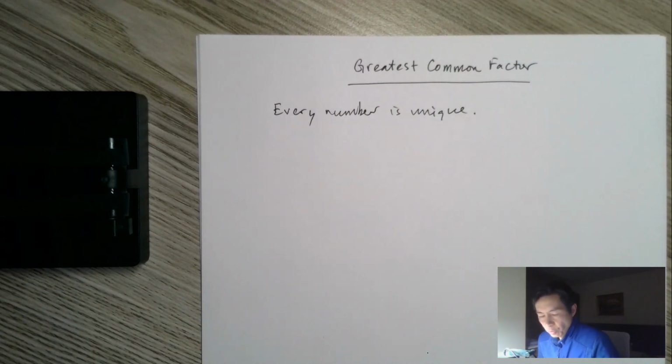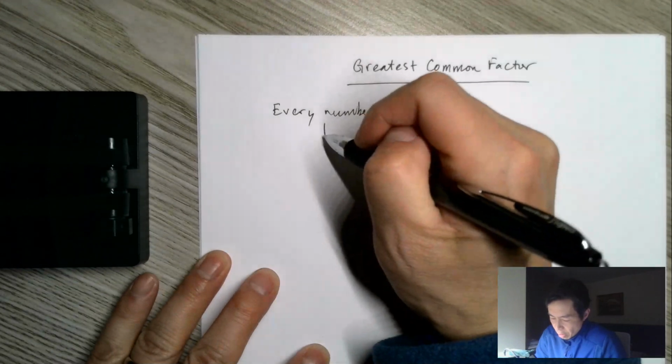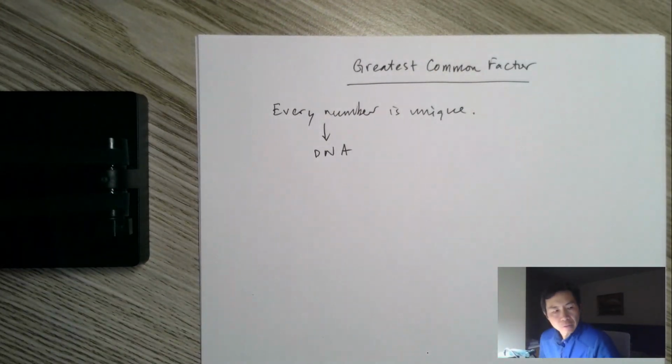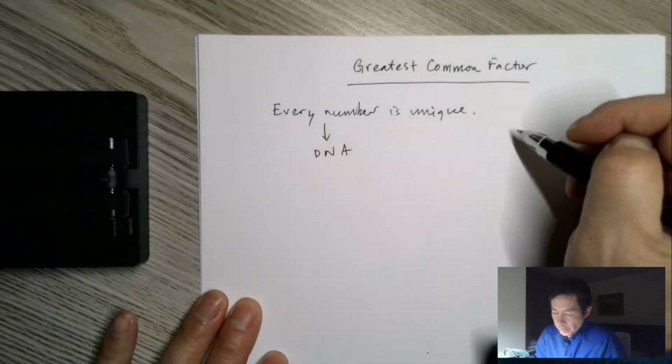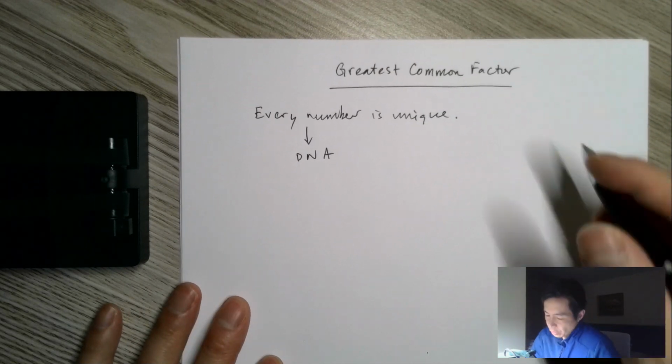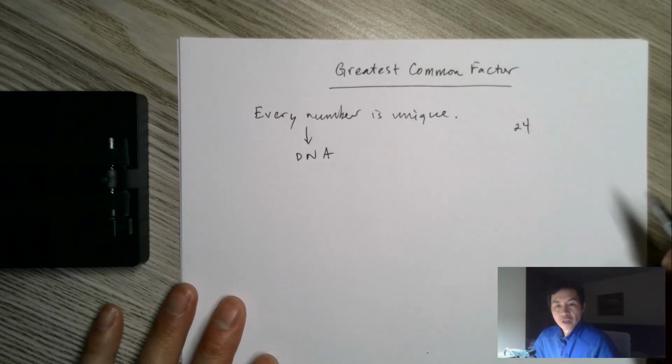So every number has a personal DNA, and we can see the DNA, the essence of every number, every integer, if we find the prime factorization of that number. And if that's a fancy word that you've never heard of before, that's okay, because once you see what I do, you'll know what I mean.